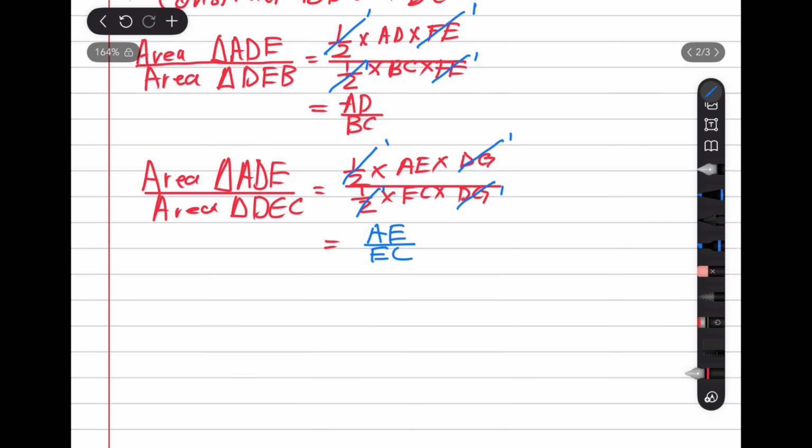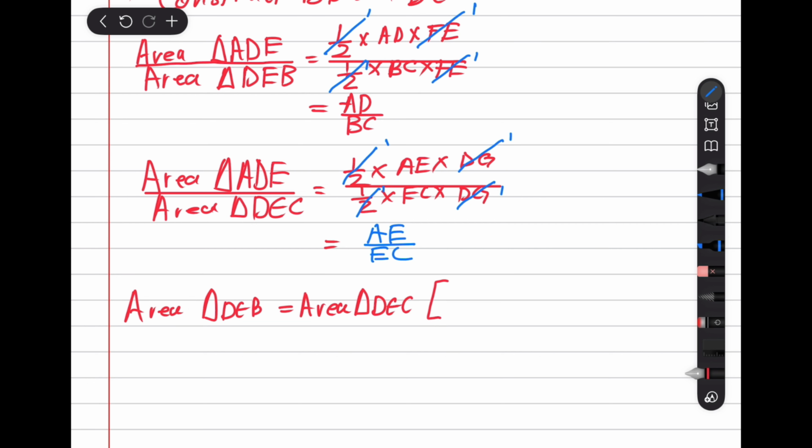So we are going to say the area of triangle DEB is equal to the area of triangle DEC. Now why is this?